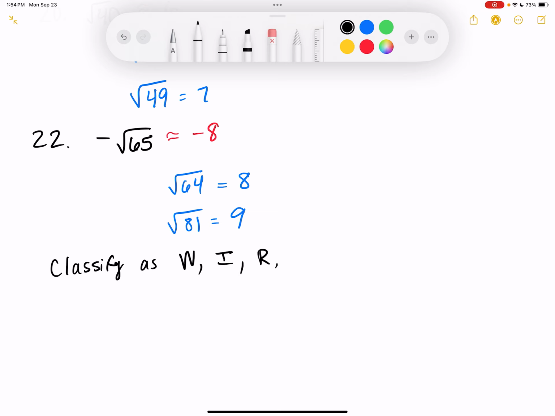Irrational, I'm just going to do as I in a lowercase r. All right, and then it wants the numbers least to greatest.